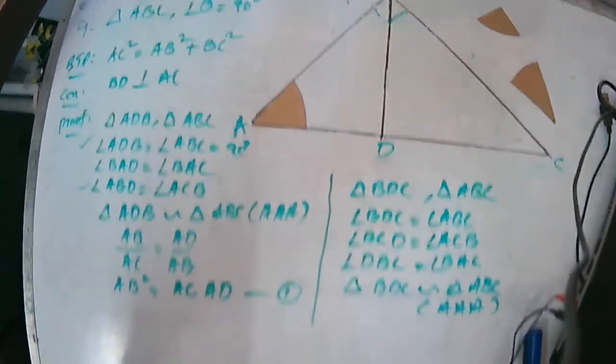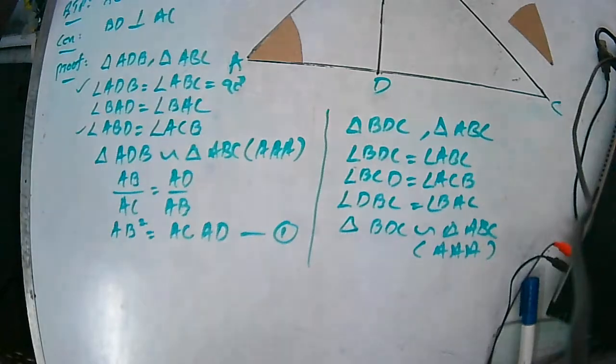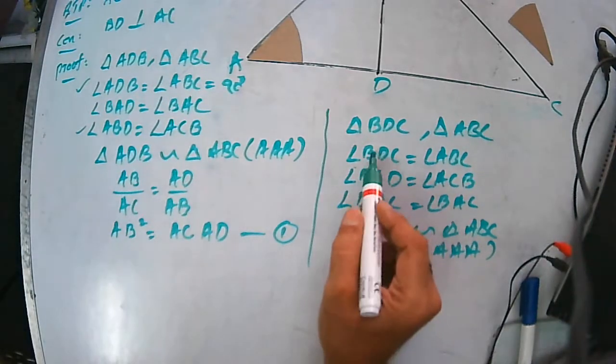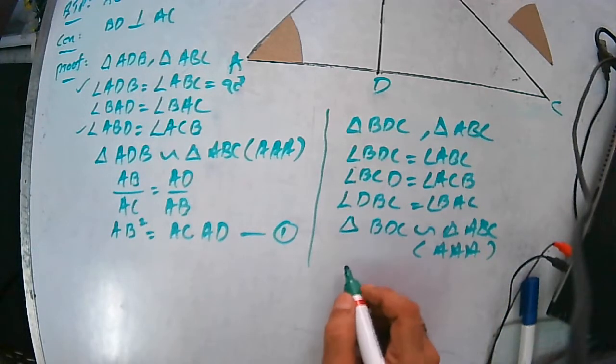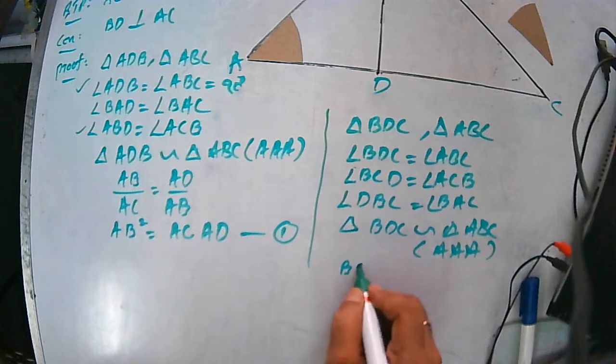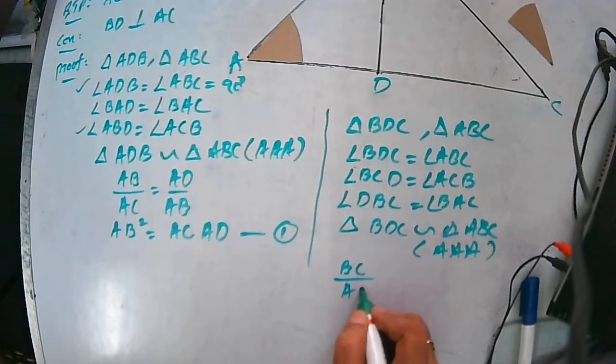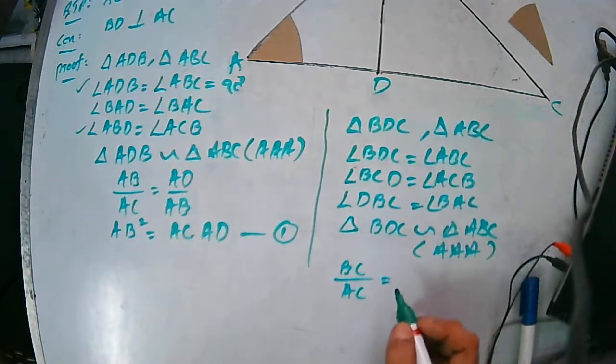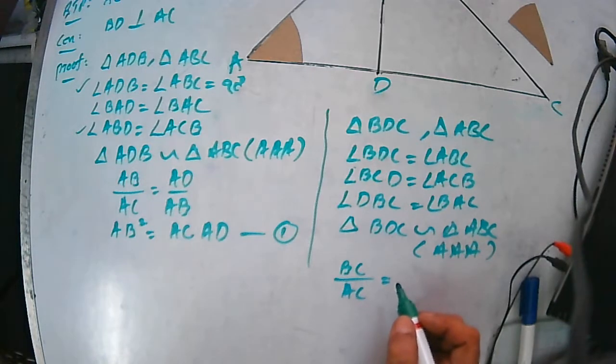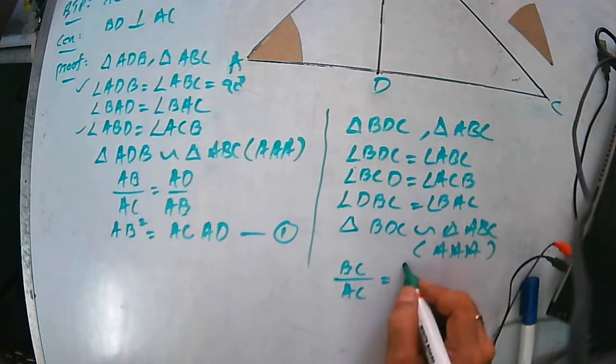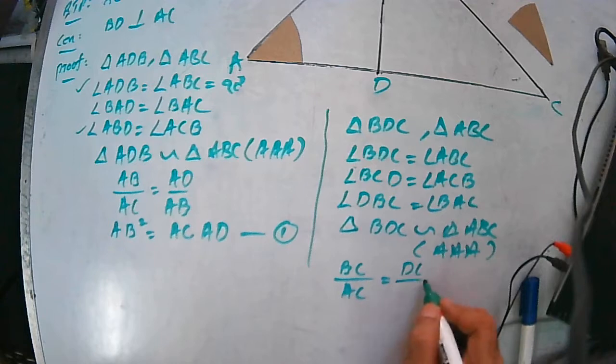So here also we can write that the ratio of sides is equal. Look here, the ratio of sides BC by AC equal to DC by BC.